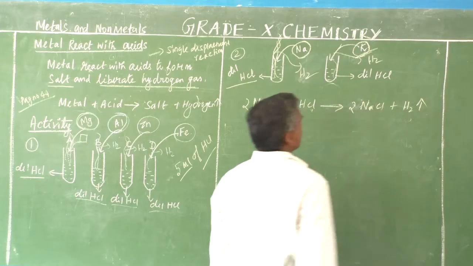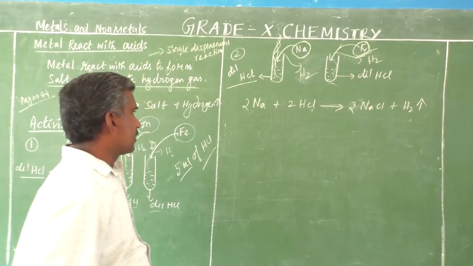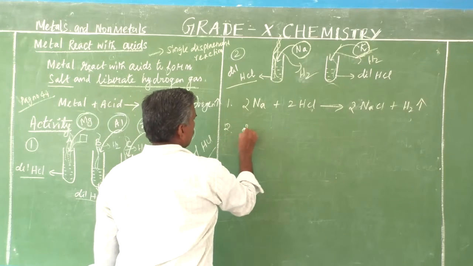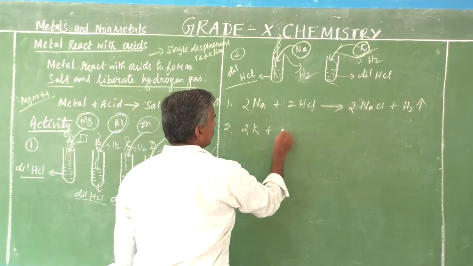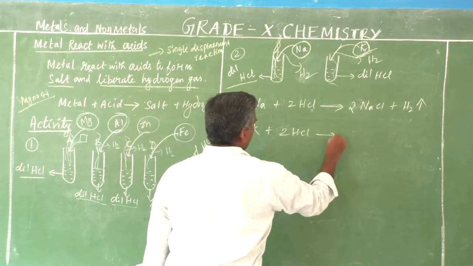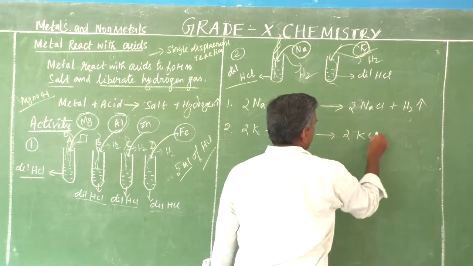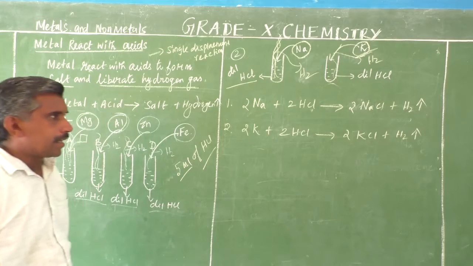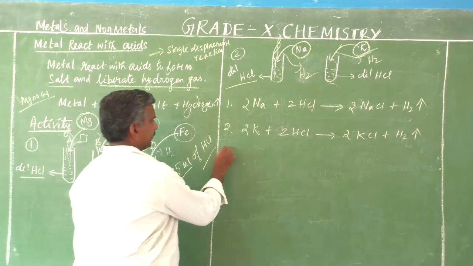Second equation, potassium: potassium reacts with hydrochloric acid to form potassium chloride and hydrogen gas is released.